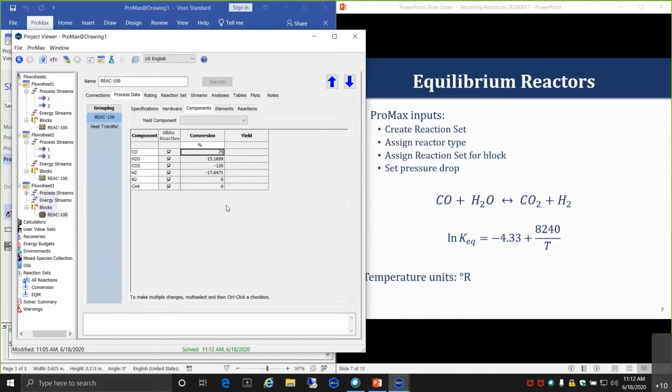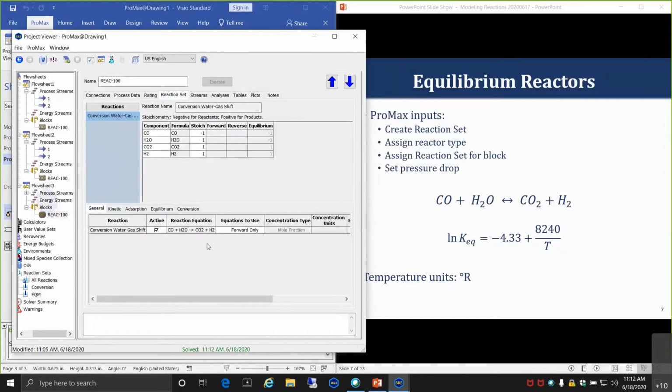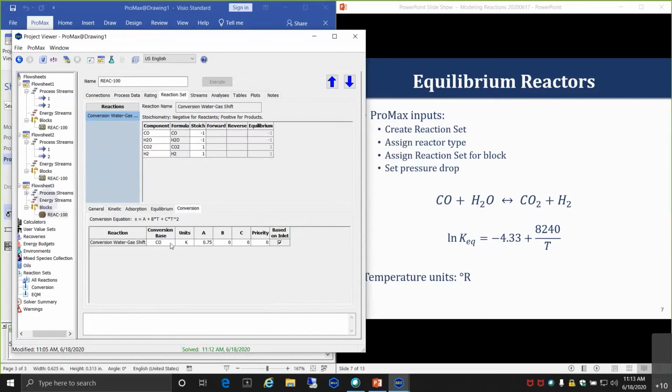For instance, if we come in here and we want to change our conversion base to water, and we want to react all the water, if we execute that, you'll notice that there is a warning that occurs down here. Unfortunately I can't make it any bigger, but it says that it is unable to achieve the conversion of 1.